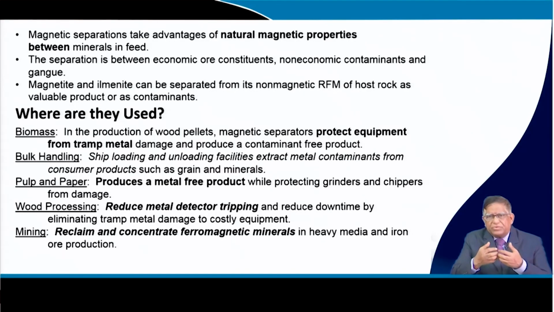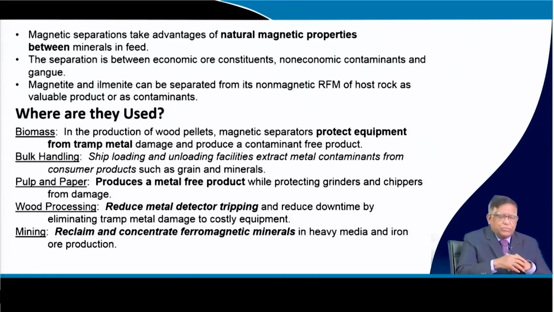You separate out those things which are valuable, which have economic value, and the rest, which do not have economic value, is the gangue material. Particularly in iron ores like magnetite or ilmenite, these can be separated from the rock-forming materials of the host rock, which is considered a contaminant, the gangue material.